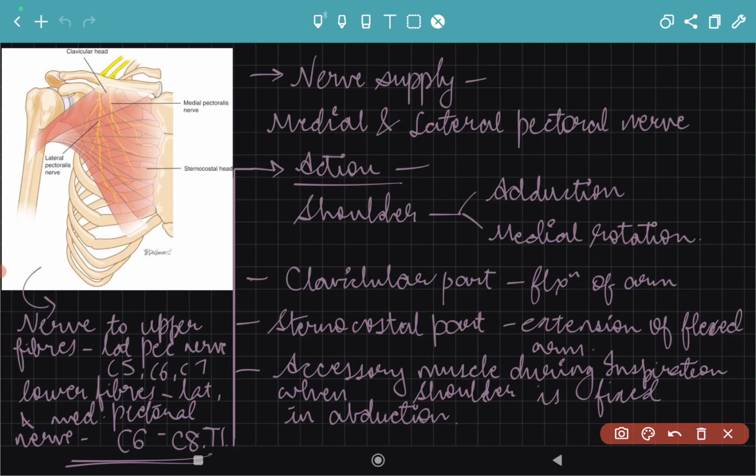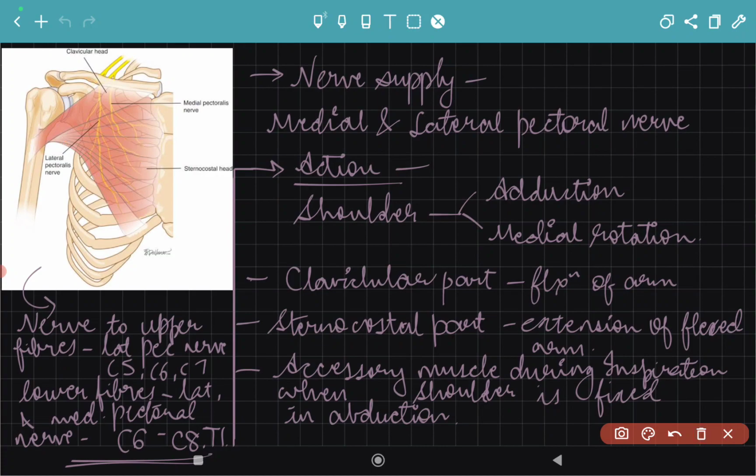Then what about the sternocostal part? That will cause extension of that flexed shoulder joint. Once the shoulder is in flexion, the extension will be caused by those fibers slightly oriented this way. So it will cause extension of that flexed arm.